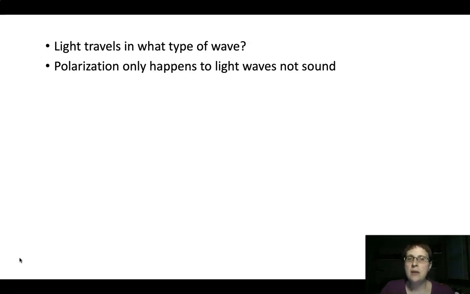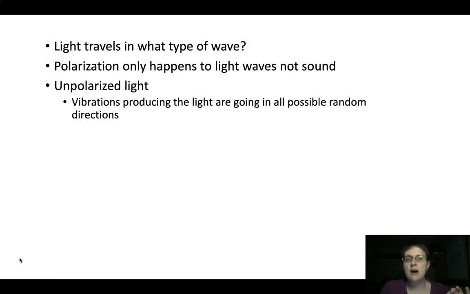That should make sense as we go through this, because remember, sound waves are not transverse waves. They're longitudinal waves, the ones that squish and expand. And so this polarization won't work on longitudinal waves. It only works on transverse waves.